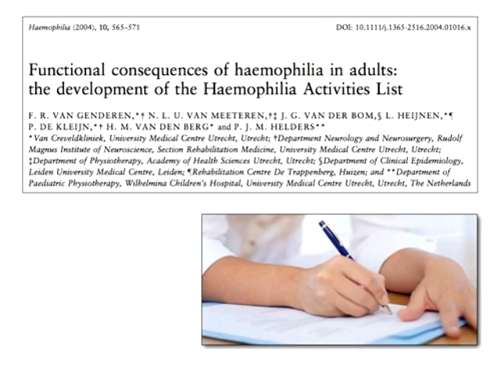settings. Now, the group in Utrecht took a different tack in looking at activity limitations, and they did something called the HAL, the Hemophilia Activities List, which is a self-report questionnaire that looks at different activities that would normally be required during the day and asks patients to score for themselves how they fare.